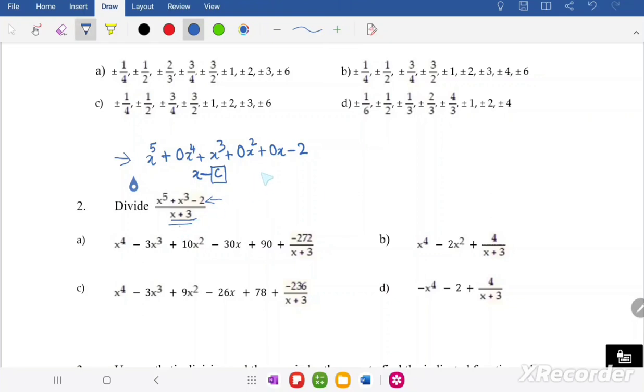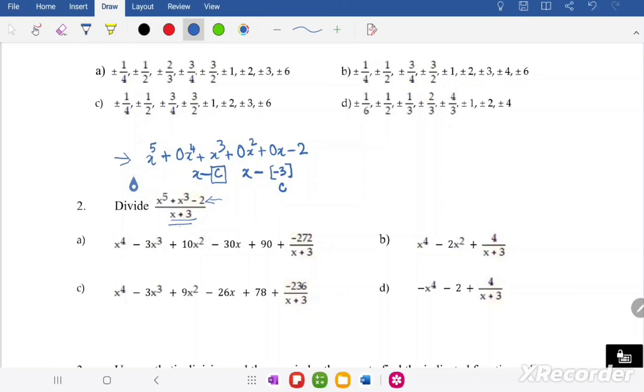If we put it in x minus c form, it's going to be x minus minus 3. So our c, with which we are going to perform the synthetic division, is going to have a value of negative 3.